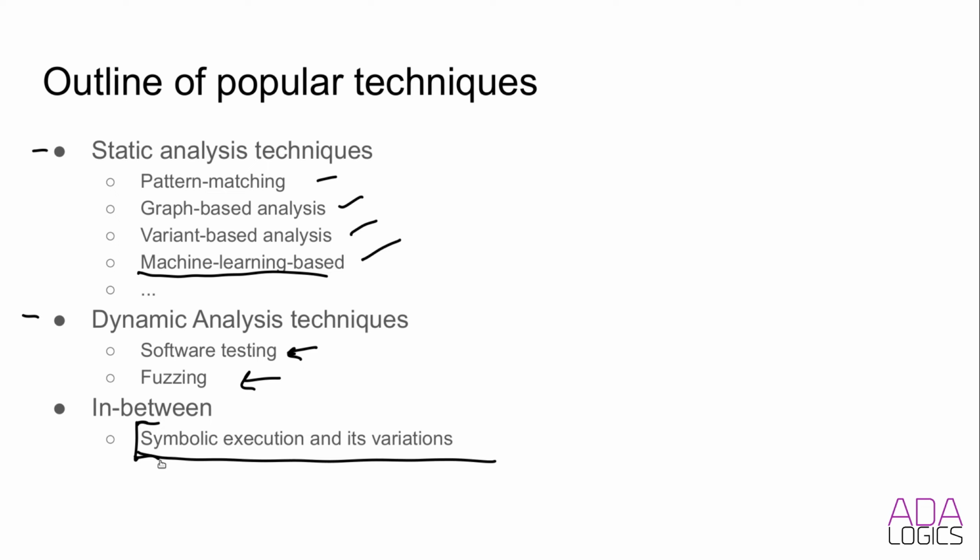So you treat certain aspects of the memory in a symbolic way, and this can be combined with a concrete execution. You will often find a combination of symbolic execution with fuzzing, even though pure symbolic execution is in some sense a static analysis technique, because there's also a level of not executing the application in a real manner.